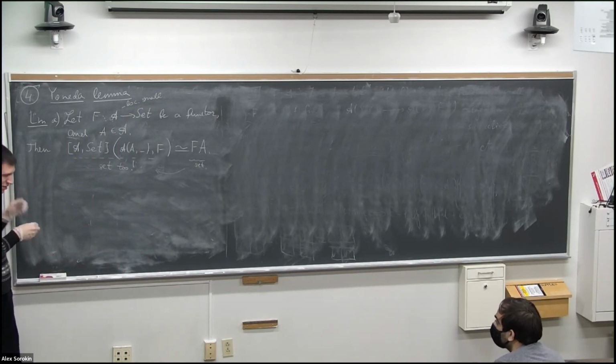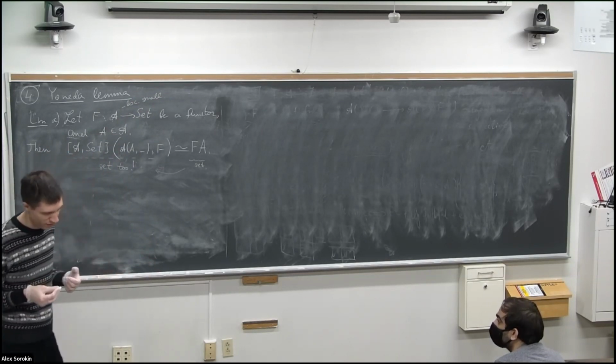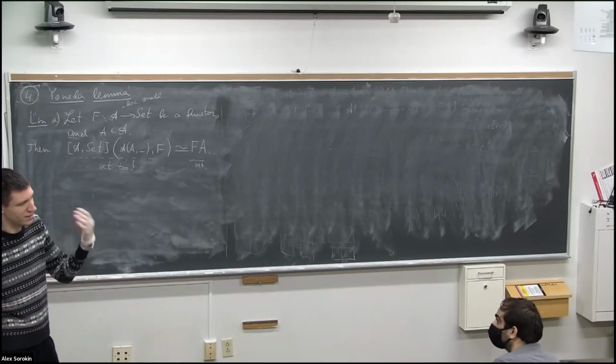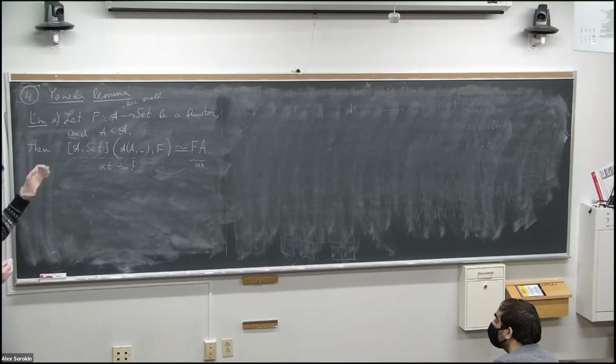Still, from the isomorphism and Kan extensions and so on, you will get a flavor of what's going on. Here we are working with locally small categories, and we have a bijection between sets.